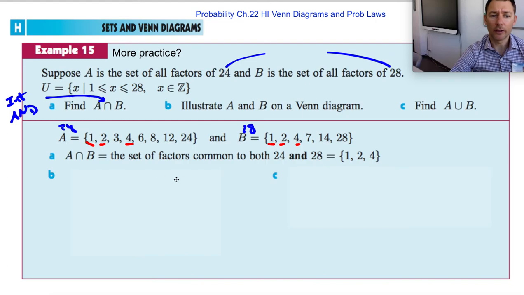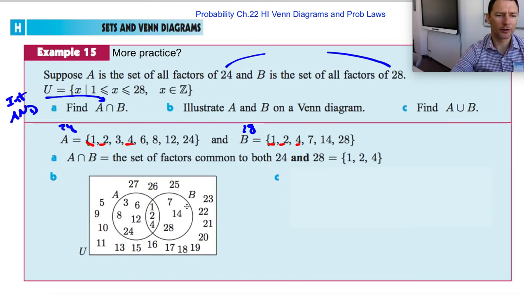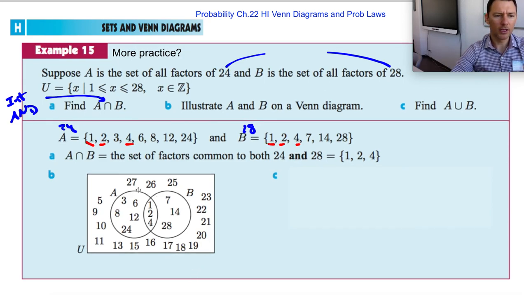Great. So illustrate this in a Venn diagram? Sure. There's all the numbers. Here's numbers 1 through 28 that aren't factors of either. They're all on the outside. Here's the factors of only 28. Here's the factors of 24. And here's the overlap of both.